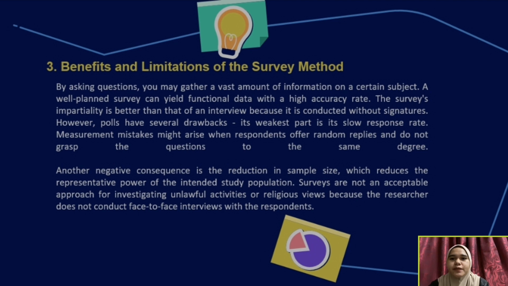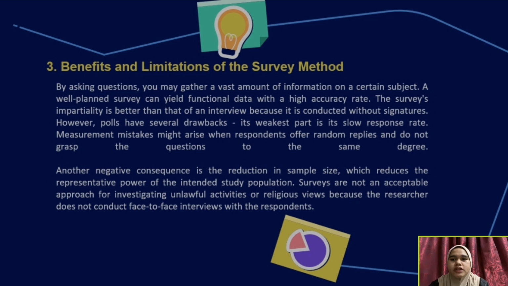The survey's impartiality is better than that of an interview because it is conducted without signatures. However, polls have several drawbacks. The weakest part is its slow response rate. Measurement mistakes might arise when respondents offer random replies and do not grasp the questions to the same degree.